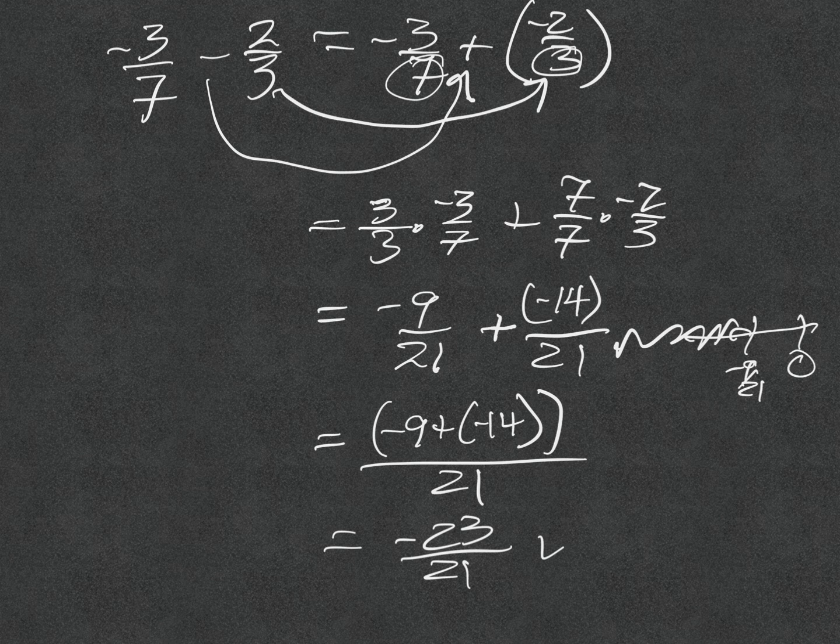Now, if you have a bunch of additions and subtractions in a row, then there is a fairly systematic way that you can deal with that. All right?